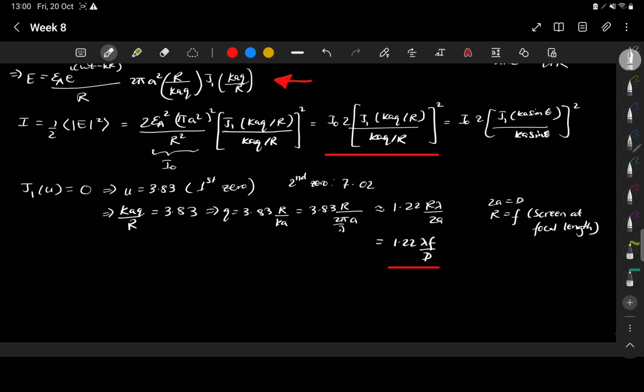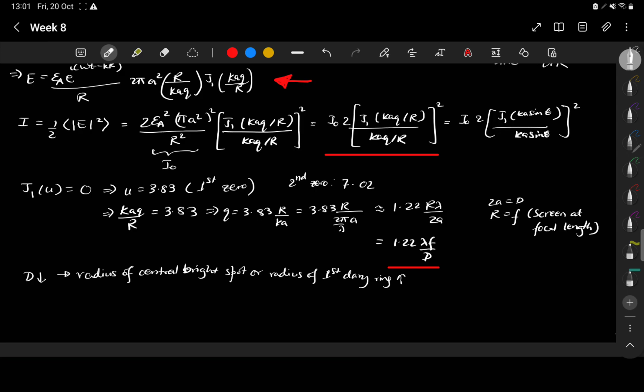And clearly from this you can see that if you decrease your D, then the radius of the central bright spot, or equivalently the radius of the first dark ring, increases.